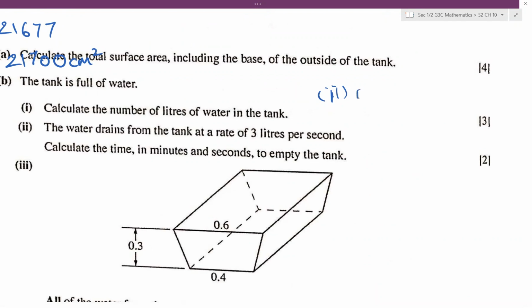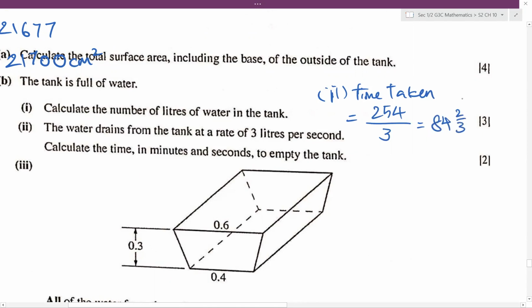Time taken. Okay, time taken. So what do you do? 254 divided by 3. And what did you get? 254 divided by 3. What do you get? Two over 3.